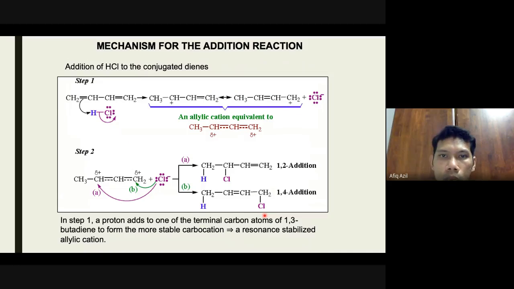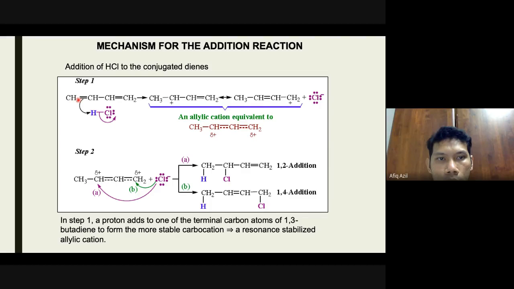So the mechanism of the addition reaction basically involves this allylic intermediate, the allylic cation, from the previous slide. Once you have the electrophile coming in, the electrons from the double bond will take this hydrogen.